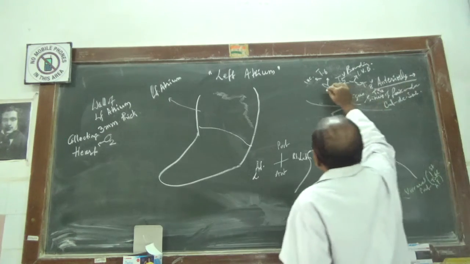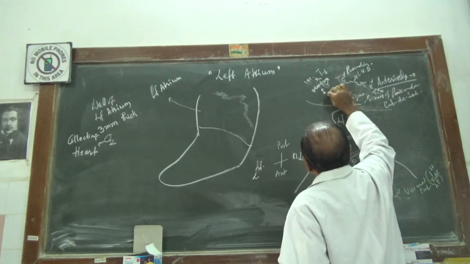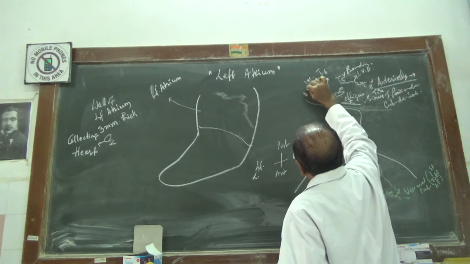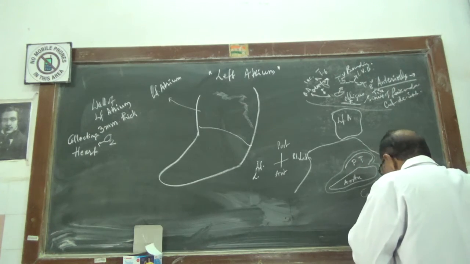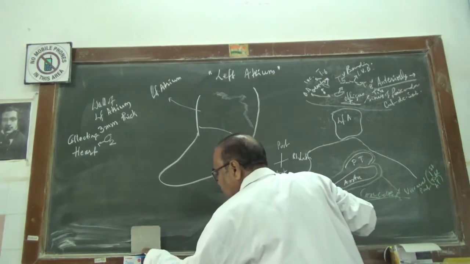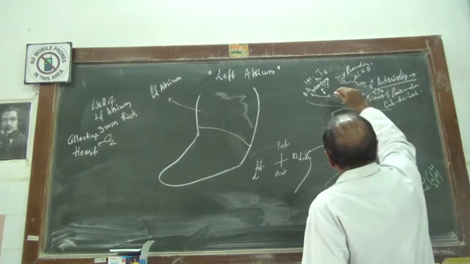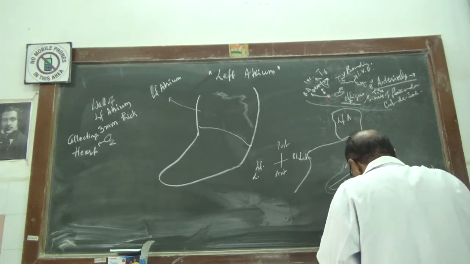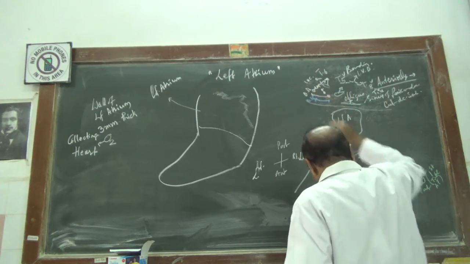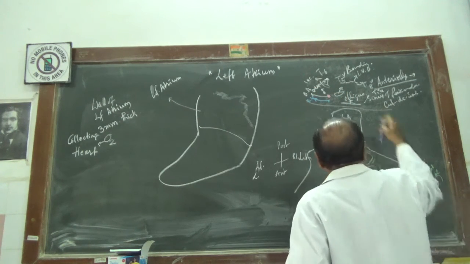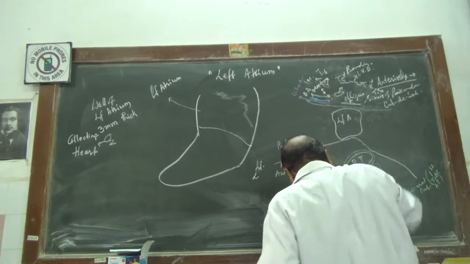Then you will have the esophagus. Then you have the esophageal arteries and the esophageal veins. So this is the esophageal artery. Then you have the esophageal veins, the esophageal group of lymph vessels and the lymph nodes.